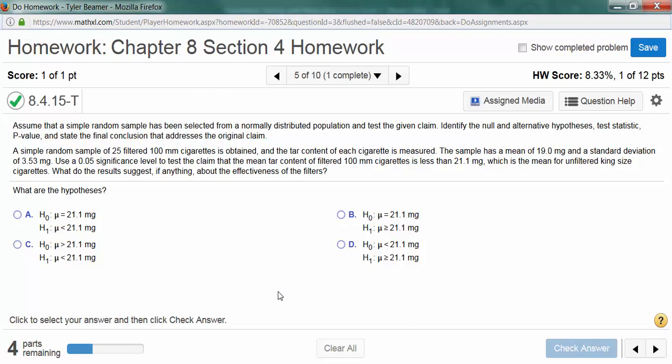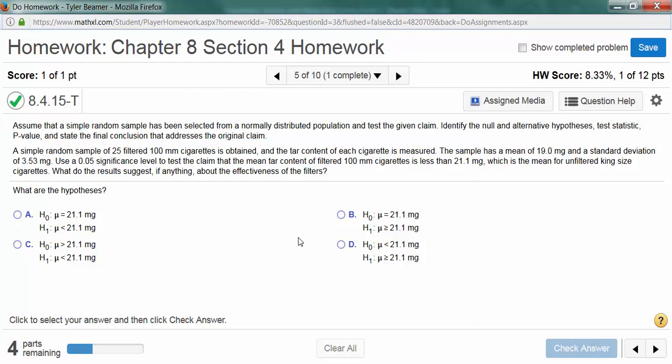The sample has a mean of 19 milligrams and standard deviation of 3.53 milligrams. Use a 0.05 significance level to test the claim that the mean tar content of filtered 100 millimeter cigarettes is less than 21.1 milligrams, which is the mean for unfiltered king size cigarettes. Do the results suggest, if anything, about the effectiveness of the filters?